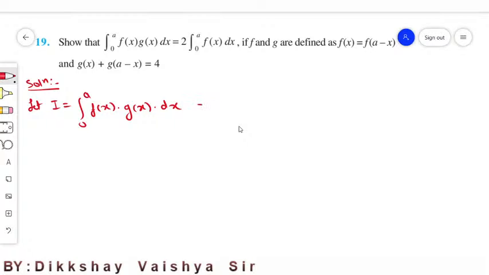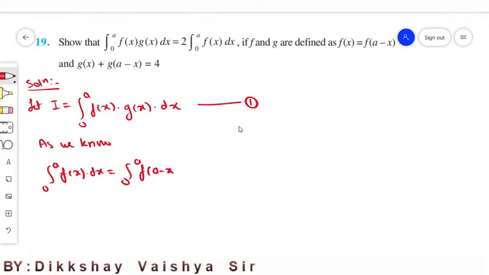Considering this one, calling this as equation number 1. Now as we know, integral 0 to a of f of x dx is equals to integral 0 to a of f of a minus x dx, right? This is the property. So using this, our integral becomes I is equals to integral 0 to a of f of a minus x, g of a minus x dx, right?